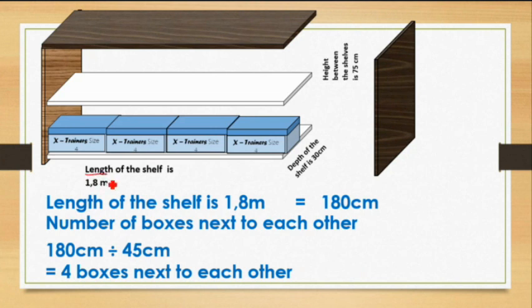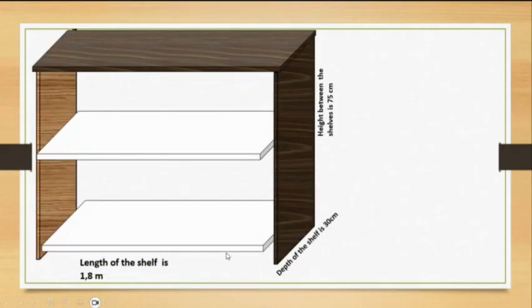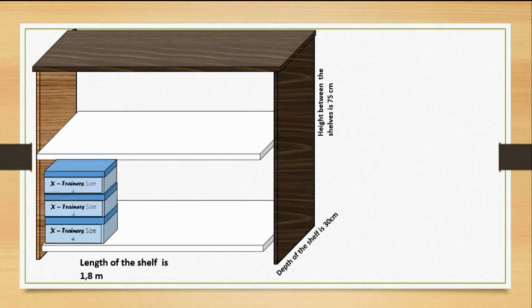Now, what do you think? Can we stack these boxes behind each other? Now, that depends on the dimension of the width of the box and the depth of the shelf. We need to check, can this be times by 2 or can it just be 1? So let's see. Okay, so we have the first, second, third. How do we know it's 3?